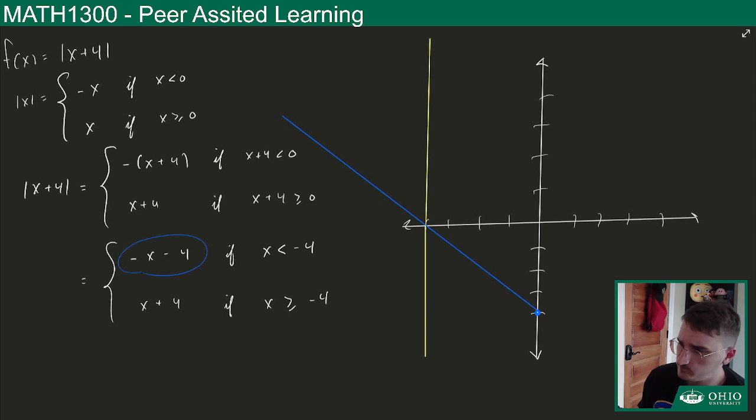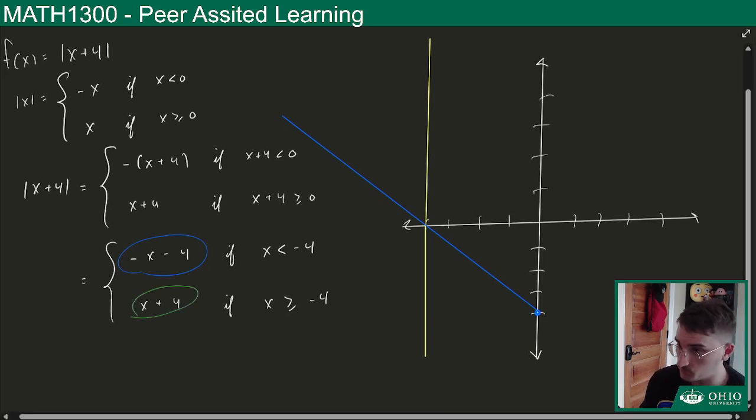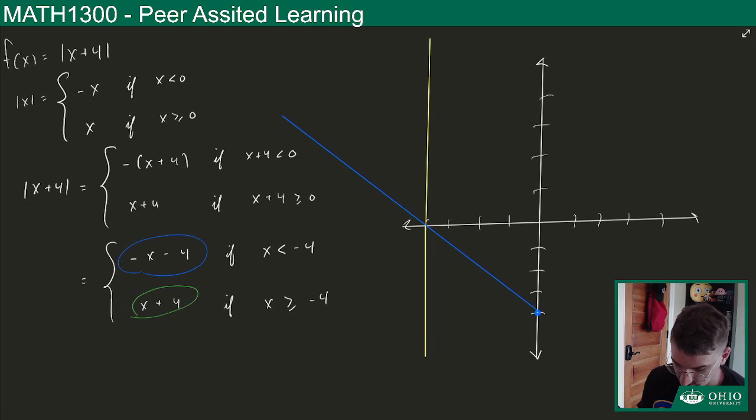Okay. Next, let's graph x plus 4. And so what we have here is that we're going to be going up 4 units. So, actually, before I do that, let me make sure I do one more thing. You want to keep in mind that this negative x minus 4 function is only able to take place when x is less than negative 4.